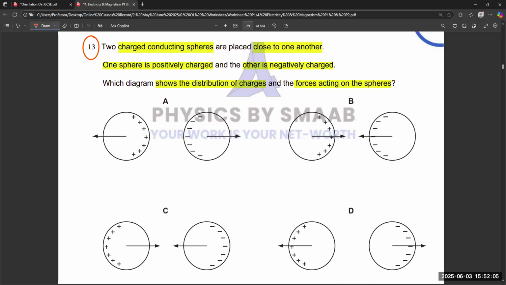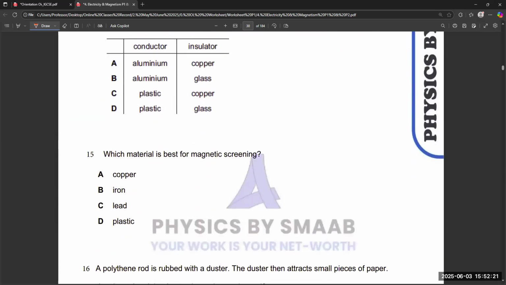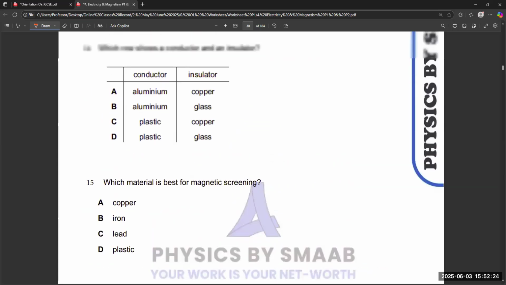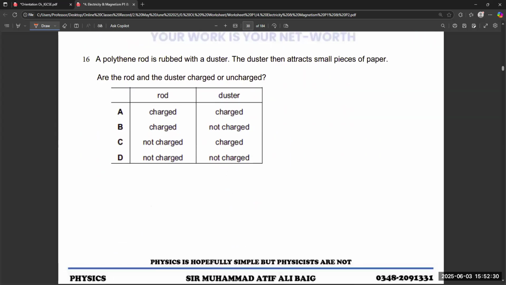It's option B. Now the distribution is correct: positive, negative, close to each other, and they are attracting each other. So that is right. Okay, this magnetic screening is not in our new syllabus, and it is also a topic of magnetism. We will discuss it over there.